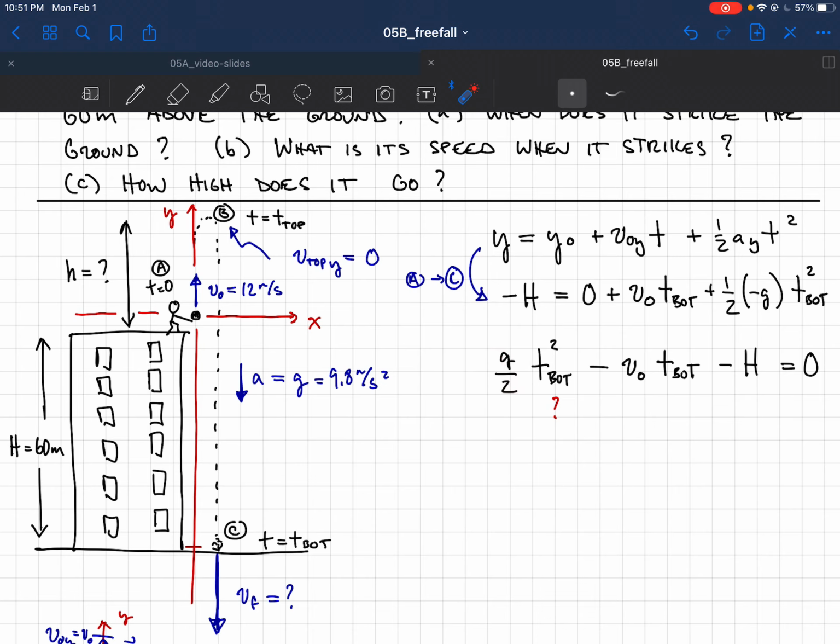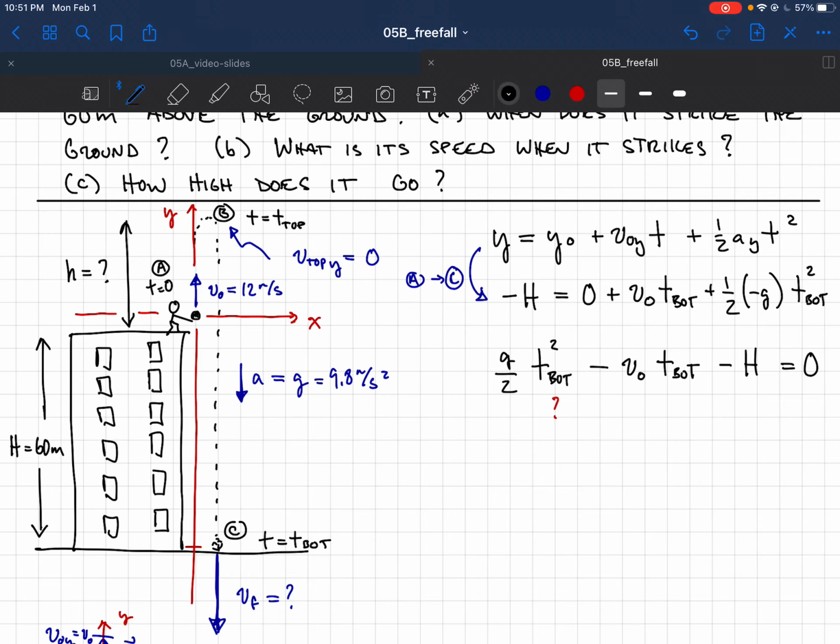I know what g is, I know what the initial velocity magnitude is, and I know what the height of the building is. But my unknown appears in a quadratic equation here, and so I wrote it in the way that one solves a quadratic equation.